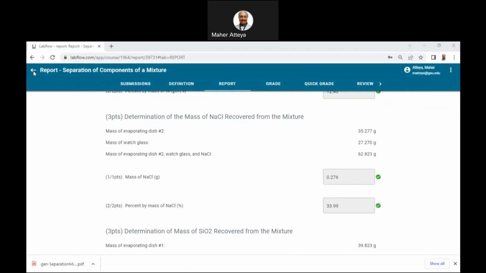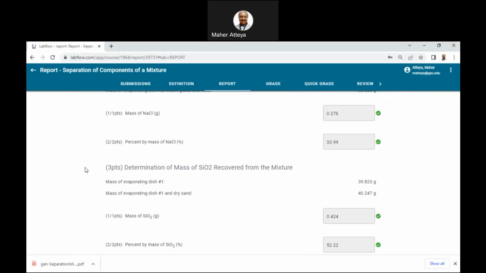The green tells me if my calculation is correct or wrong. If I get red circles, it means my calculations are not correct. So this is good. Let's go for the third one. So we did this one here.